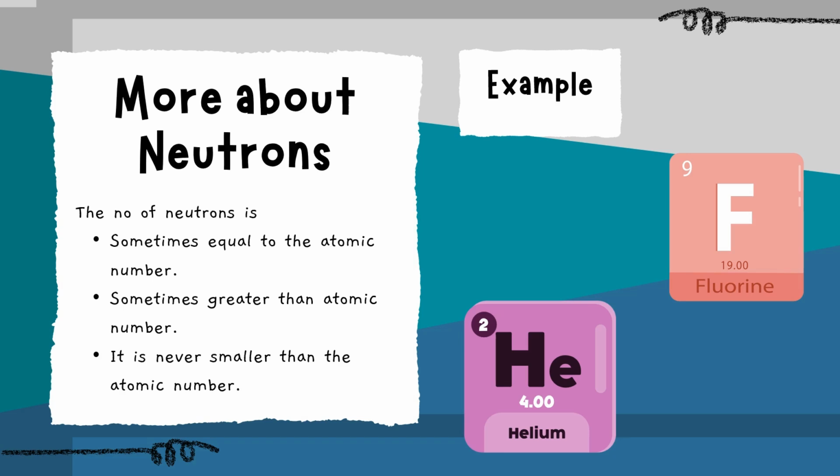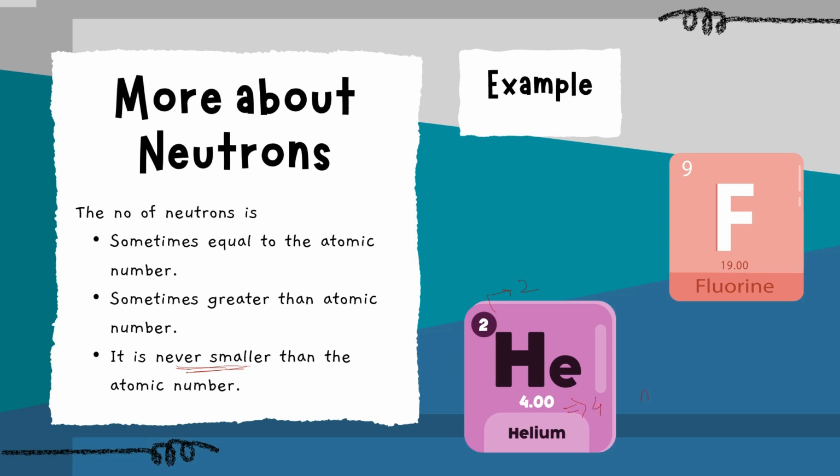More about the neutrons. The number of neutrons is sometimes equal to the atomic number. It is sometimes greater than the atomic number. It is never smaller than the atomic number. For example, check helium. For helium, the atomic number is 2 and mass number is 4.